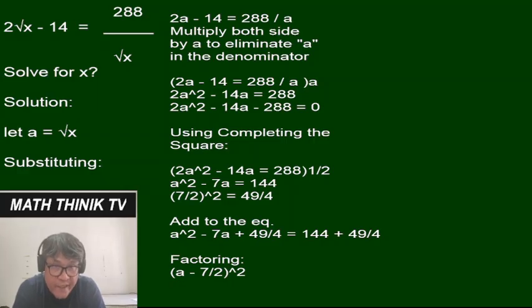If you multiply this, a minus 7 over 2 times a minus 7 over 2, the result will be the trinomial a squared minus 7a plus 49 over 4 is equal to, simplify this one. This is a fraction, no? 144 plus 49 over 4. So get the least common denominator, which is 4. So 144, there is over 1.